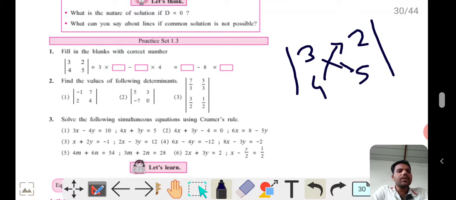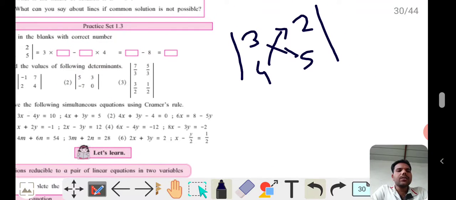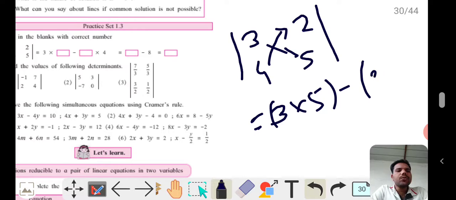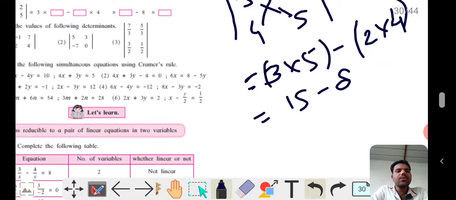To calculate the value of this determinant, it is equal to 3 into 5 minus 2 into 4, or 4 into 2. So it is equal to 15 minus 8, that is 7.